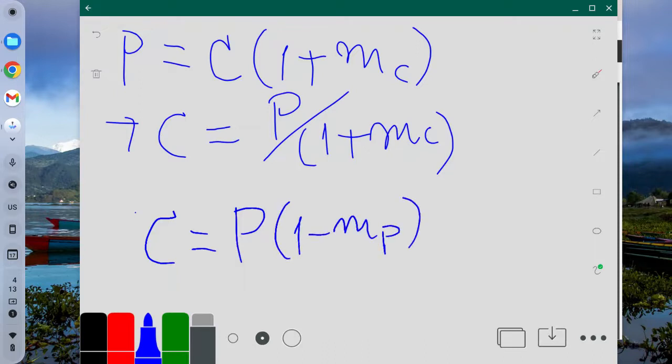Cost is price times 1 minus markup rate based on selling price. Also, from this, we can find the cost ratio. I mean, looking at the price, in our example, the price was $500.